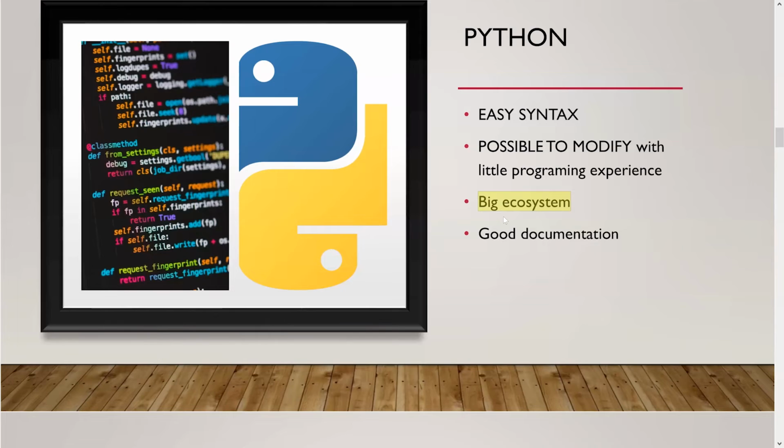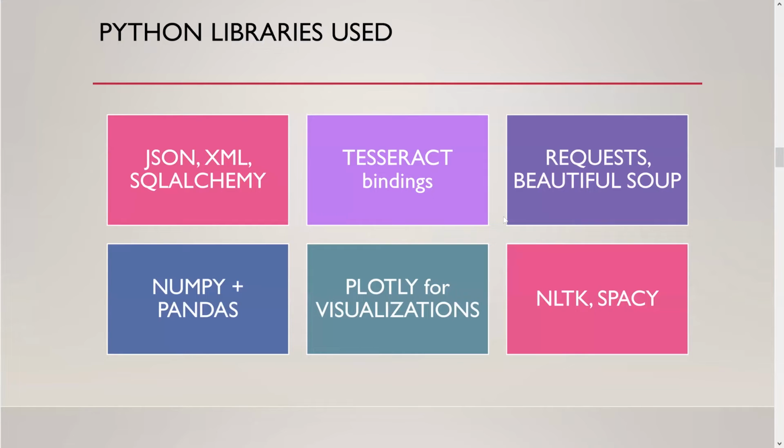Maybe we'll talk about the tools, the libraries. Some of the libraries are built into Python already, and some you have to install. So, JSON libraries, XML parsing libraries, SQLAlchemy for database access, Tesseract bindings for OCR, and for accessing web resources we use Requests and Beautiful Soup.